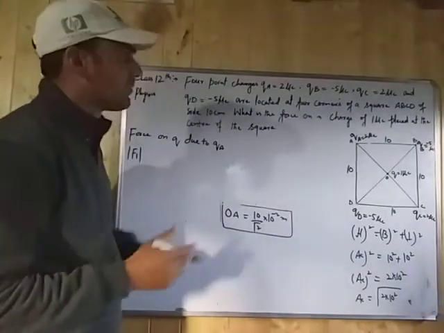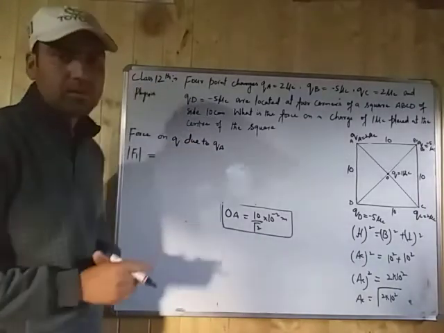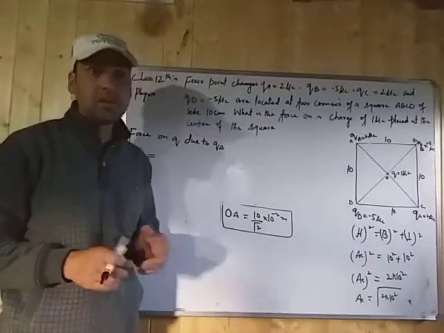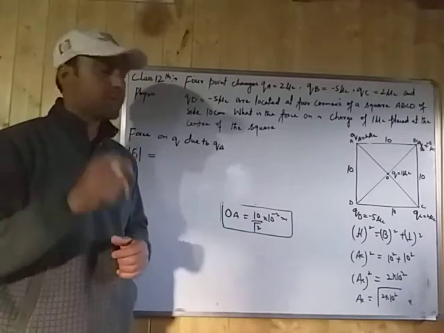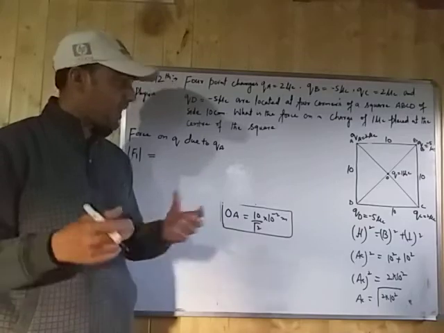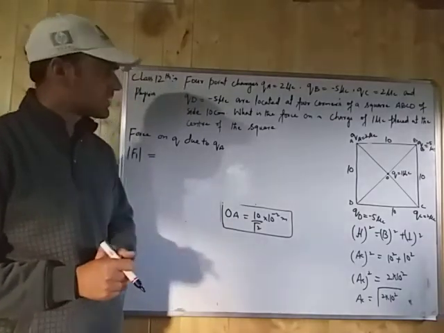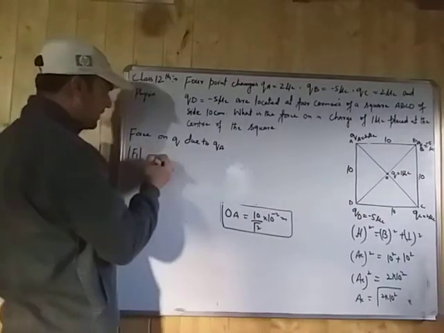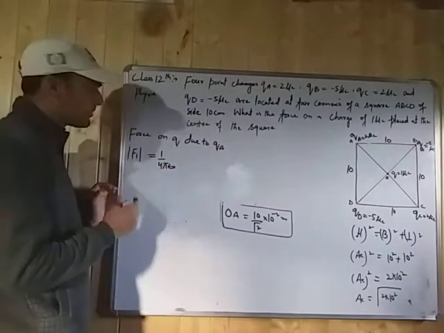The magnitude of force between the two charges is given by Coulomb's law. According to Coulomb's law, if I have two point charges, the force between them is directly proportional to the product of the magnitudes of their charges and inversely proportional to the square of the distance between them. So we'll write here 1 divided by 4 pi epsilon naught.